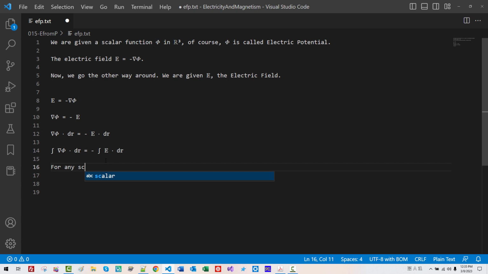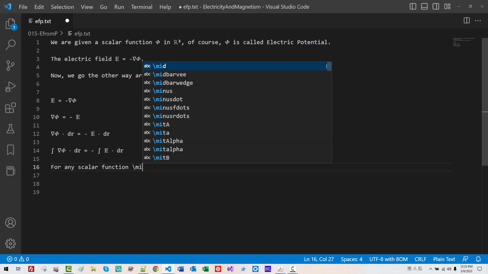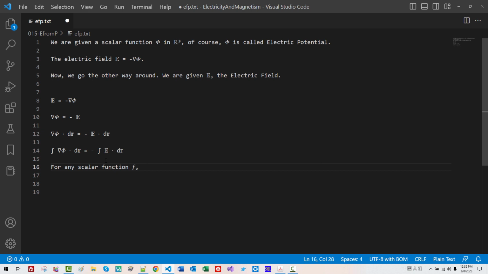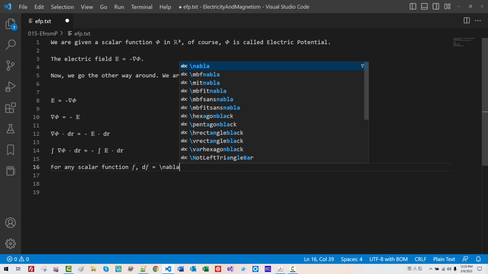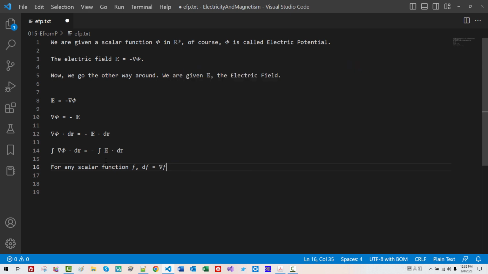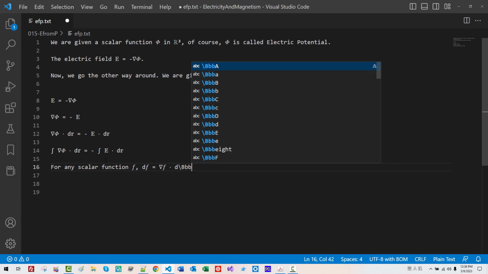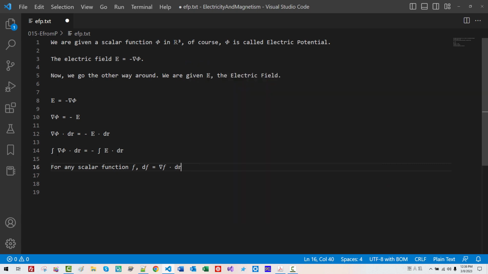For any scalar function f, df equals nabla f dot dr. So from this, in place of f, if we substitute phi, the left-hand side becomes the integral of d phi.